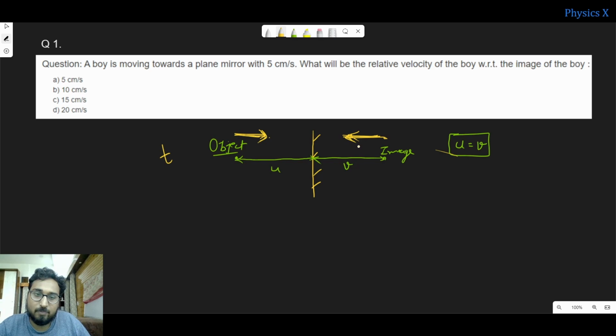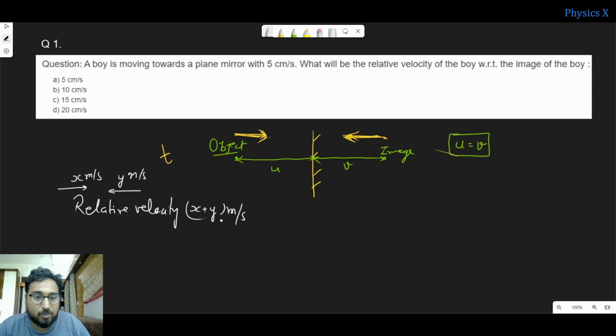In the relative velocity concept, suppose two vehicles, one with x meter per second and the other with y meter per second, are approaching each other, then the relative velocity observed is the sum of these two, that is x plus y meter per second.